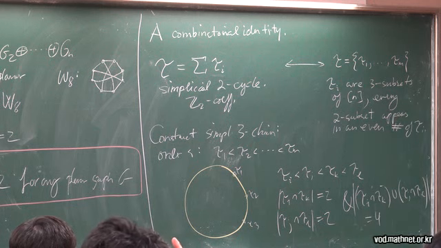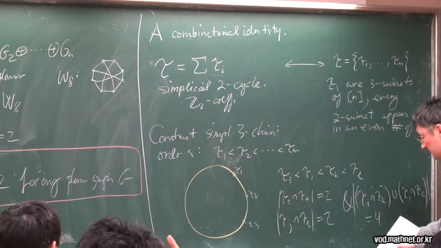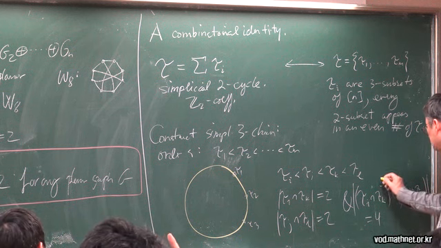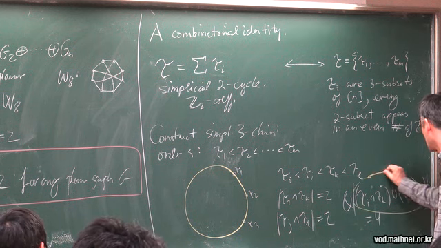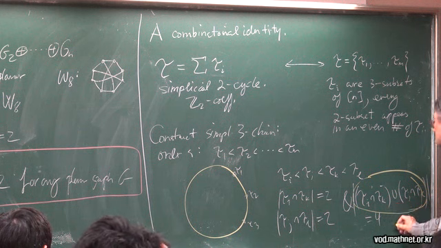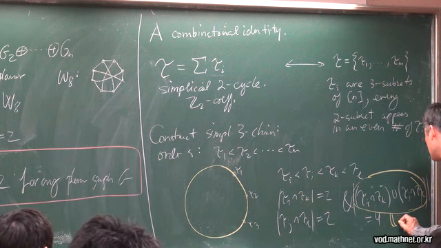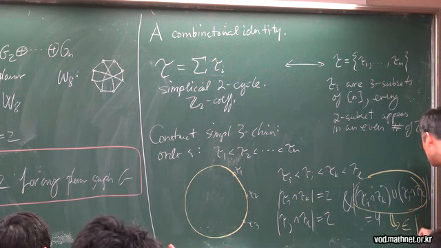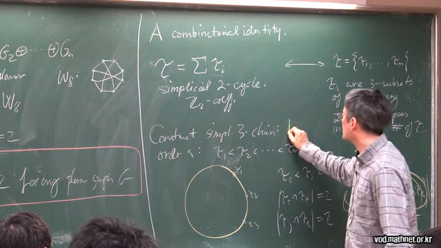Okay? Then this set here is in my simplicial 3-chain T.